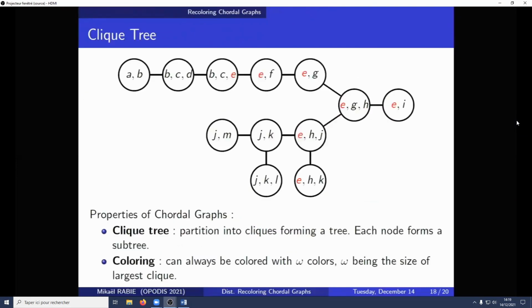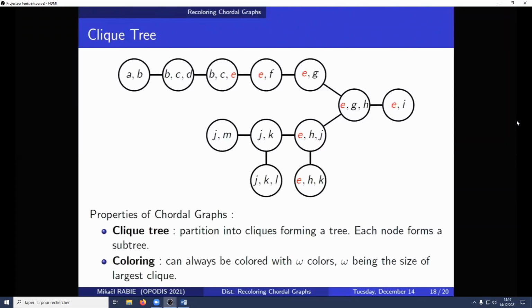For interval graphs, we saw that we can see them as a clique path, the path of maximal cliques. Chordal graphs, we can see also as what we call the clique tree. Each node of the clique tree corresponds to a maximal clique. And for each vertex, the nodes where it appears form a subtree of our tree.